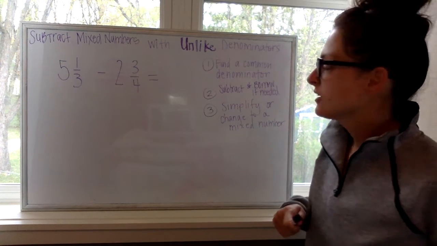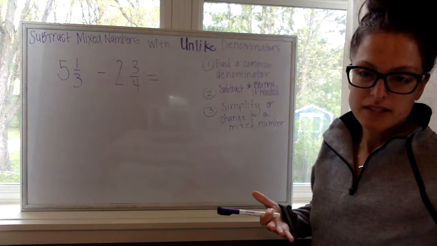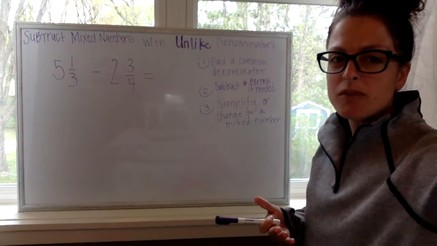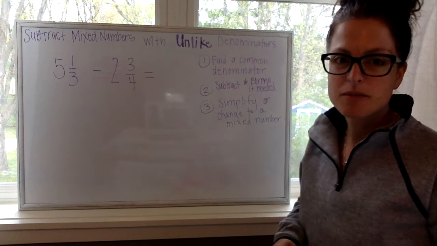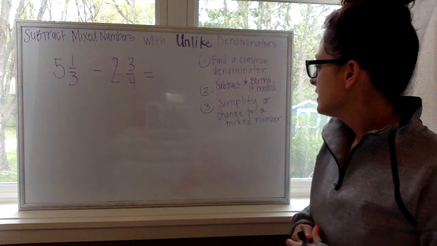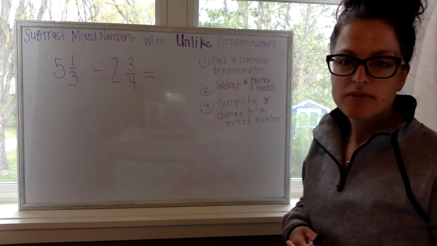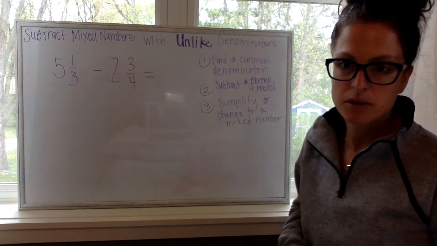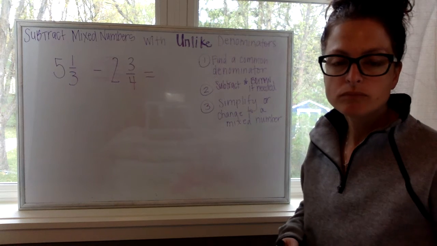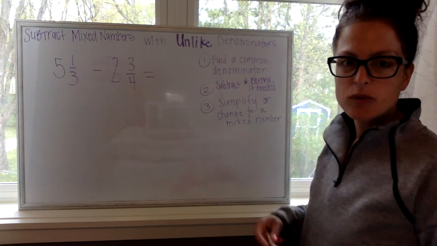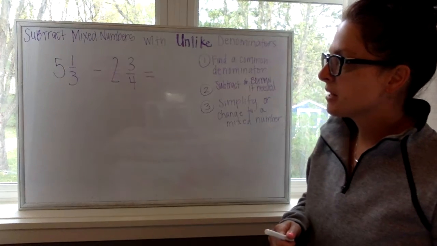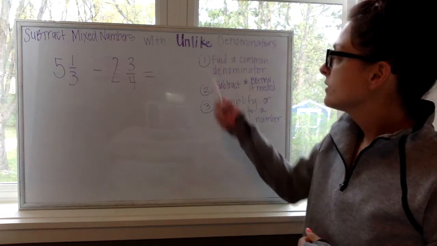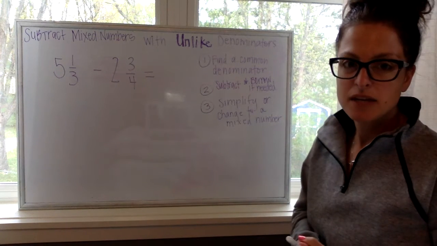If you don't have enough of a fraction to subtract another fraction, you need to borrow from the whole number. And then always make sure that you're simplifying and changing an improper fraction into a mixed number if that is your answer as well. So to get us started, we're going to take a look at the problem 5 1/3 minus 2 3/4. Our first step is to find a common denominator.